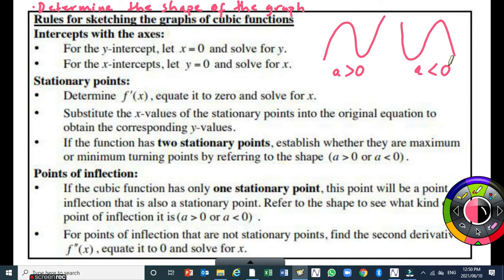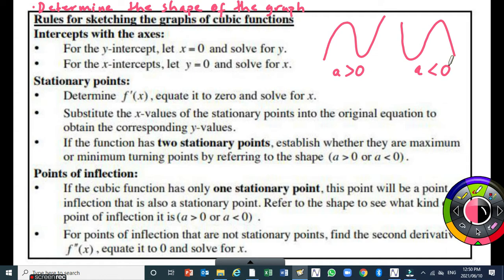Then find the x-intercept. To find the x-intercept, you need the concepts that I spoke about since Monday: factorization of cubic polynomials using the factor theorem. Later on, I'll also show you how to use the calculator to determine those x-intercepts. The calculator is the shortest way of doing it.